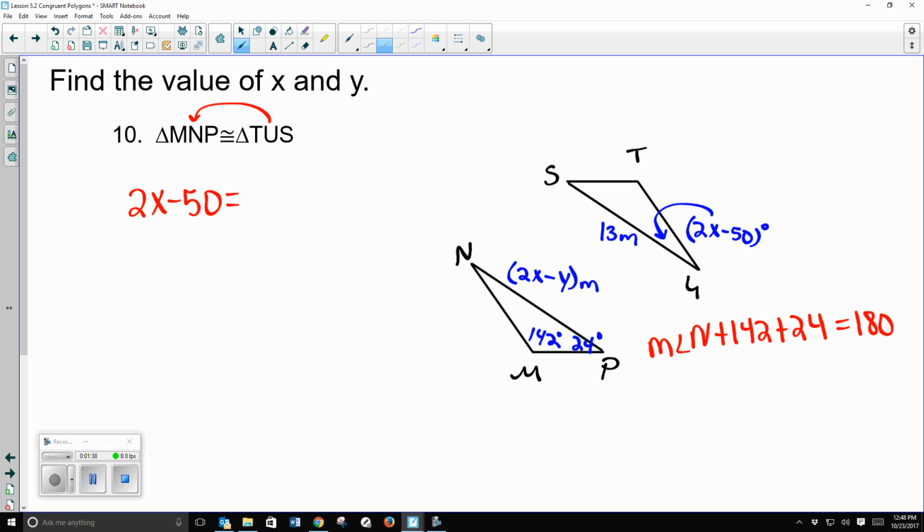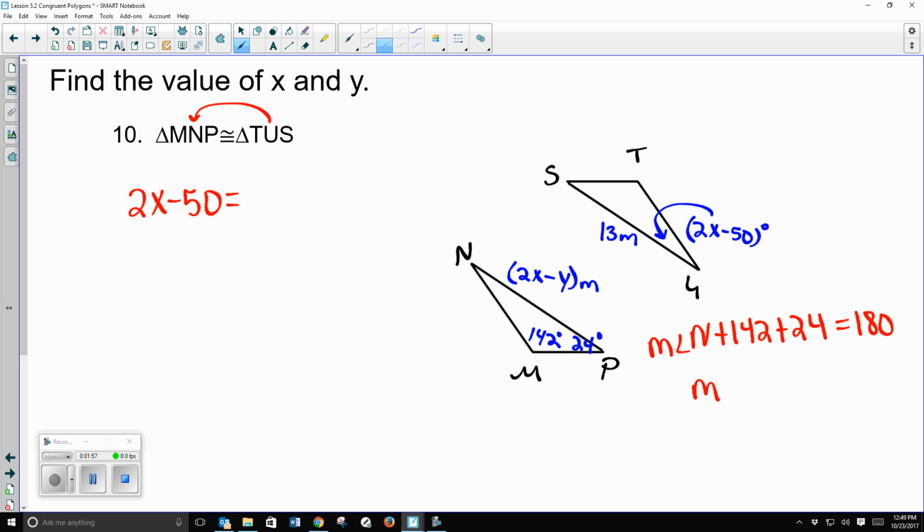That's the triangle sum theorem. Now, you can just add them up and subtract them from 180. You don't have to set up an equation. I just always like to whenever I can. That way we get really used to working with equations or making our own equations.